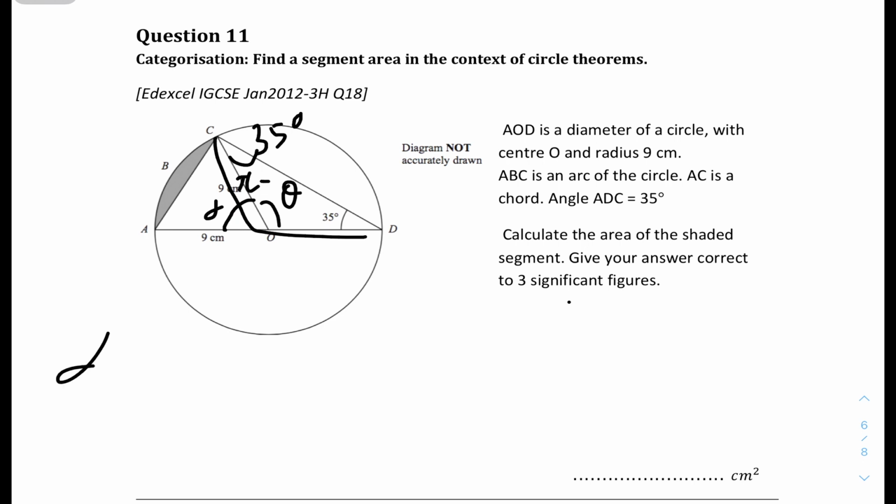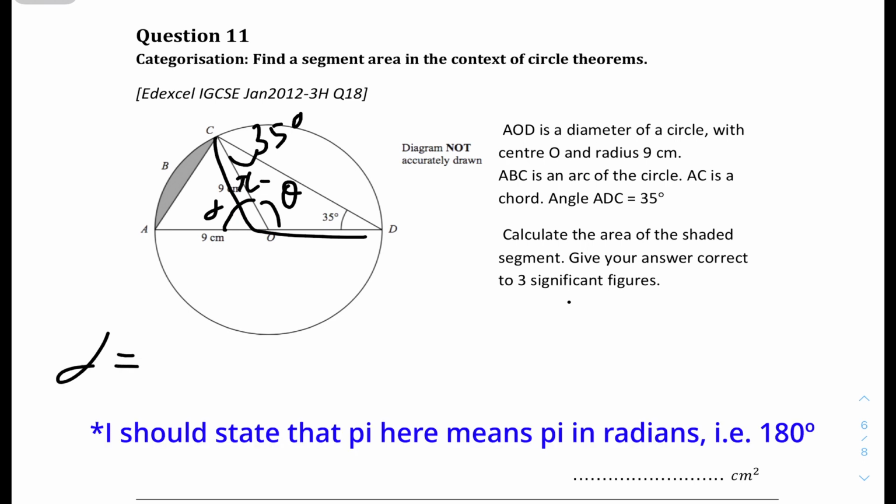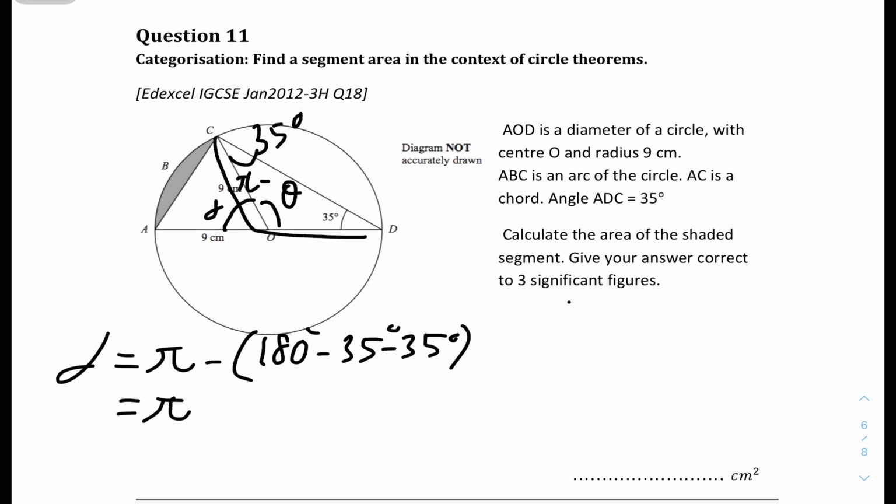So the angle that you want, let's say alpha, equals pi, the whole 180 degrees, minus 35 degrees, so 180 minus 35 equals 110.